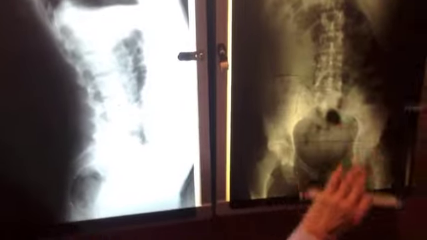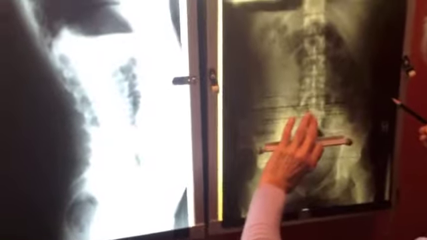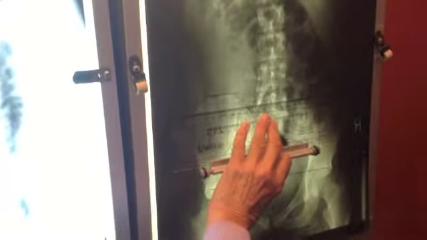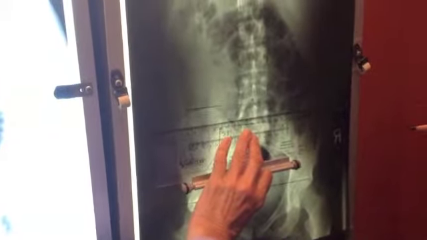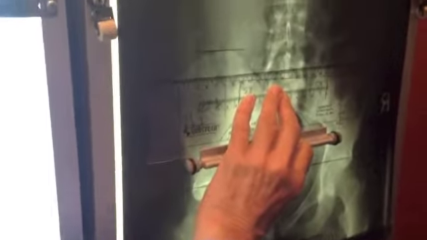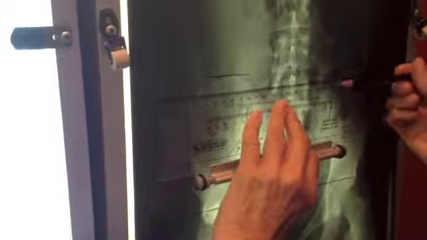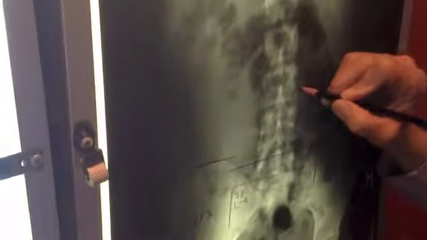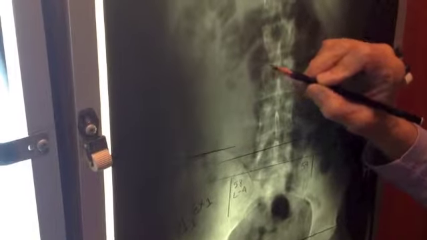Okay, so we're just going to move over here. So here's your baseline for the sacrum. And looking at L5 and figuring out the very bottom of the pedicles and the position of the vertebra, I'm going to draw my line here. This pedicle is more narrow than this one.